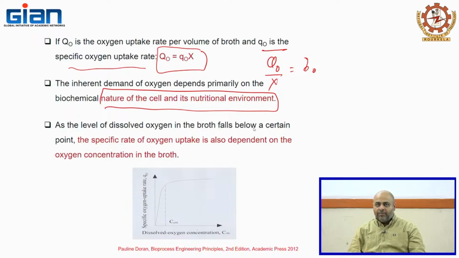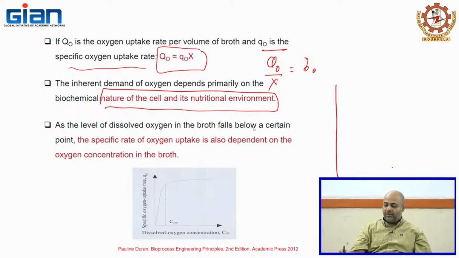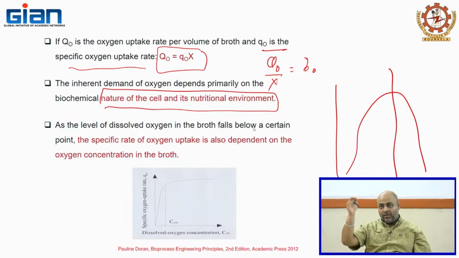The other aspect would be the environment. Depending on the temperature of the medium, the cell metabolism might reduce or it might increase, right? Because if the temperature is at its optimum, the cell growth is optimum. The moment we cross that optimum temperature threshold, as you remember from yesterday's lecture, the cell starts to die.